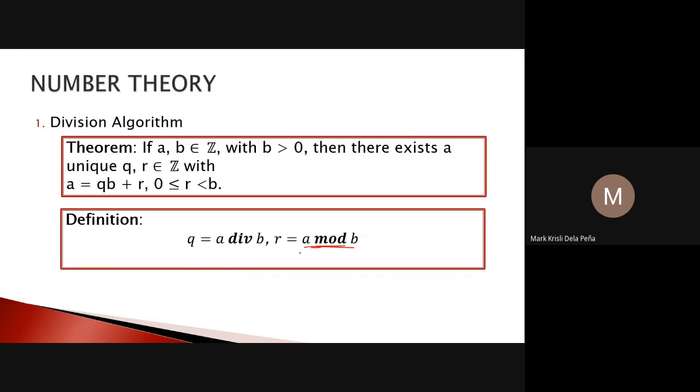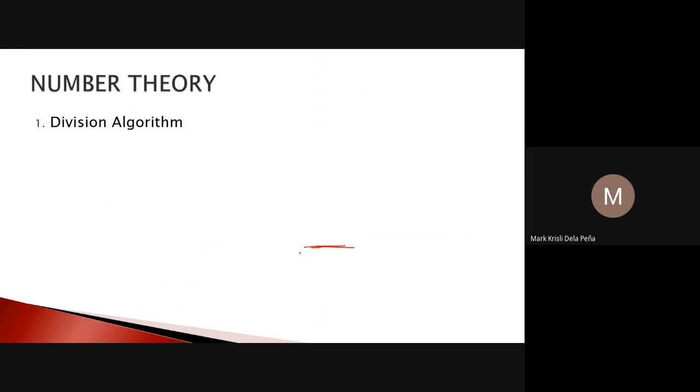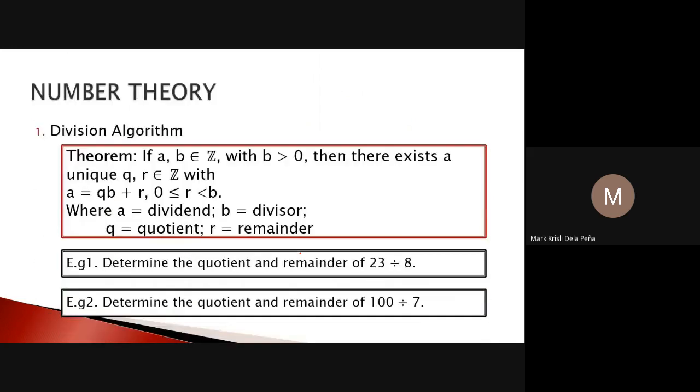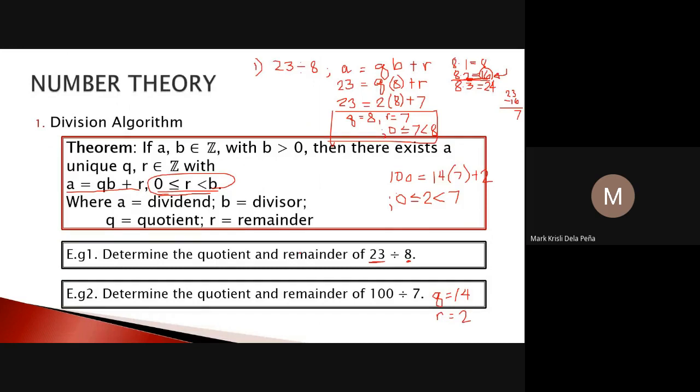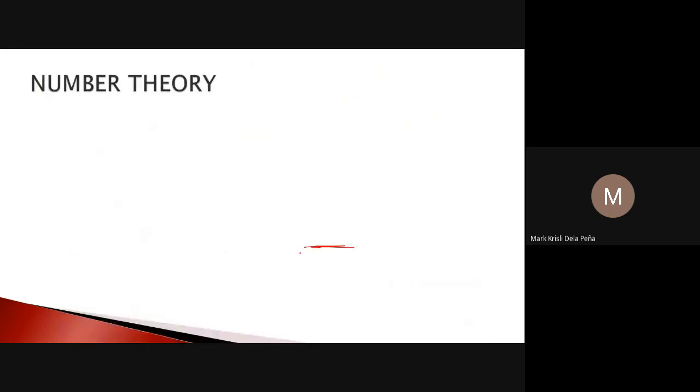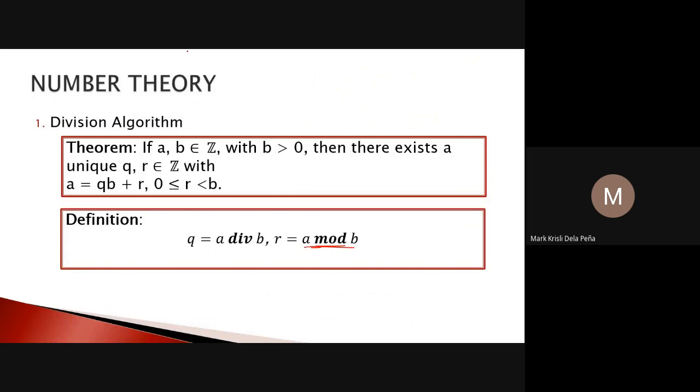So in the previous slide, it's not here, so I'll just explain this one. Say for example, we have A equal to 20 and B equal to 3.